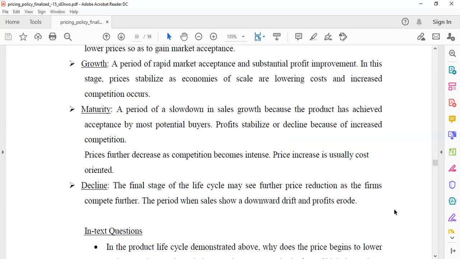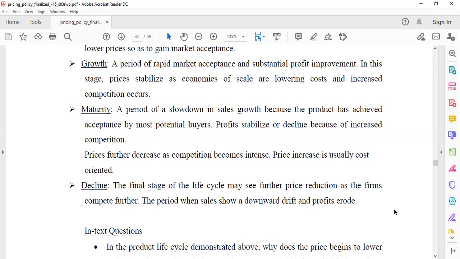Finally, a decline, when there is a constant erosion and sales begin to go down. Every right-thinking organization may begin to think that the best way out is to lower prices to attract more customers.